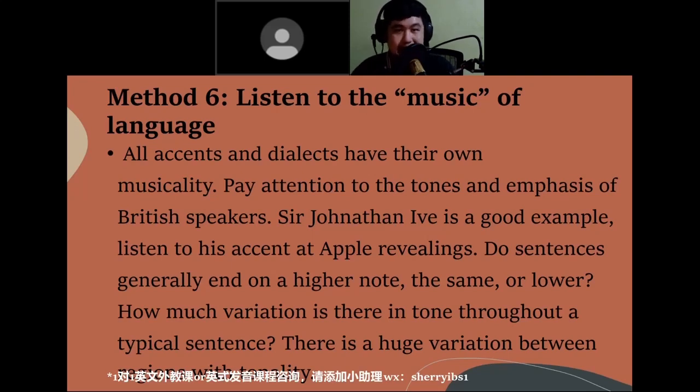There is a huge variation between regions with tonality. So again, when it comes to accents, it's all about listening and tonality and how you say the words. It has to be very clear in a specific manner. So tonality. When you say, let's say, example in American, in British English they say example.